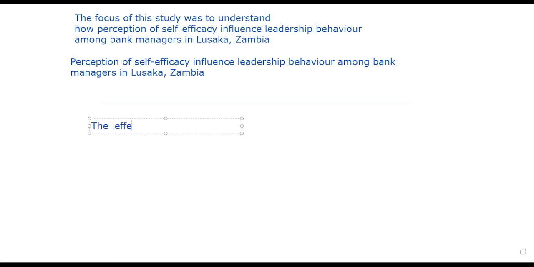Let's say the effect of good governance on the economy. I'll not say just economy, I'll say economy of Zambia, so that I'm talking about one nation. If I phrase it this way, this becomes my topic.